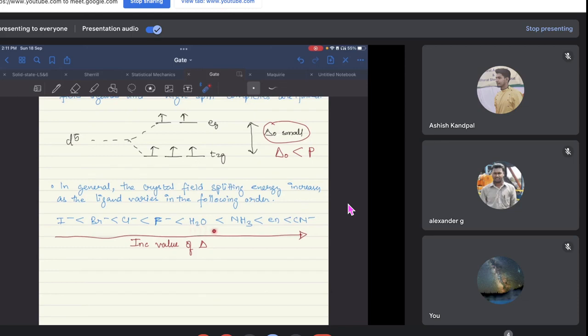In comparison to H2O, I am making you note the order of H2O and CN negative, because we have to solve the question where we have these two ligands in the same complex with the same oxidation state.